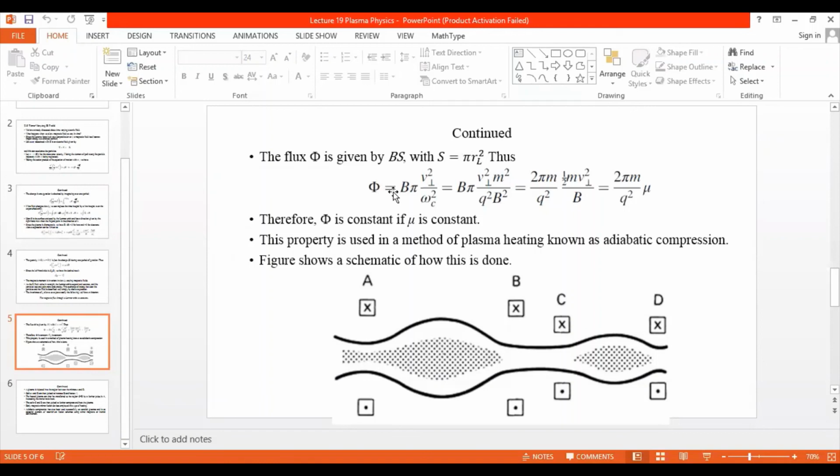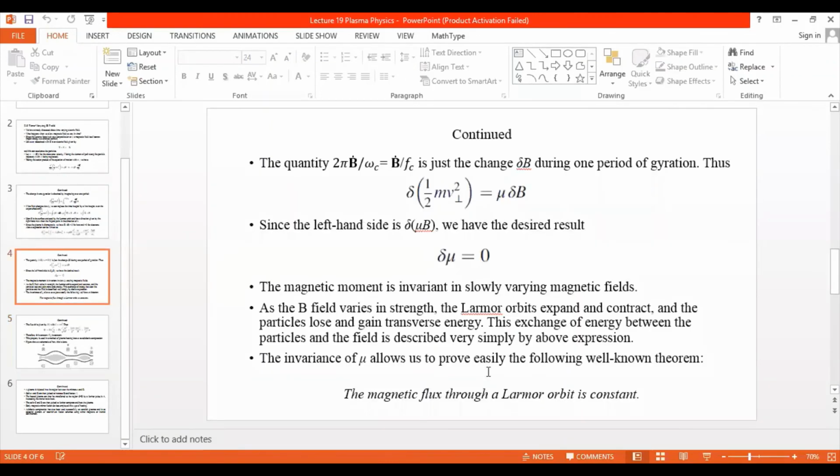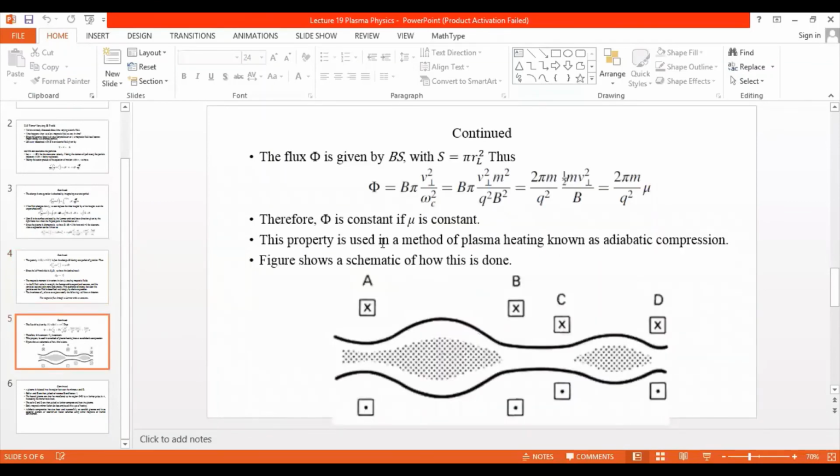So we can write phi equals B pi v perpendicular squared over omega c squared, and in this term B can be cancelled out, giving 2 pi m over q squared into half m v perpendicular squared over B, and this is equal to 2 pi m over q squared mu. So if mu is constant, then the flux should be constant, that is, the magnetic flux through a Larmor orbit is constant. This property is used in plasma heating known as adiabatic compression.